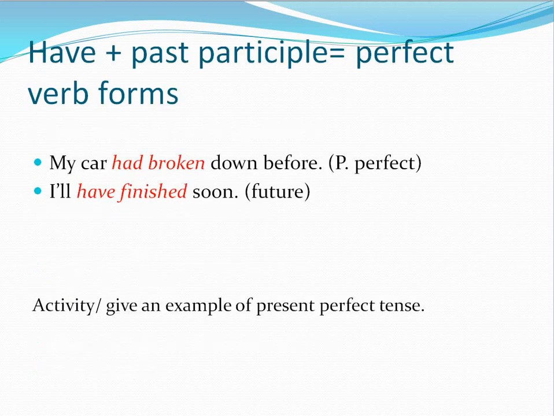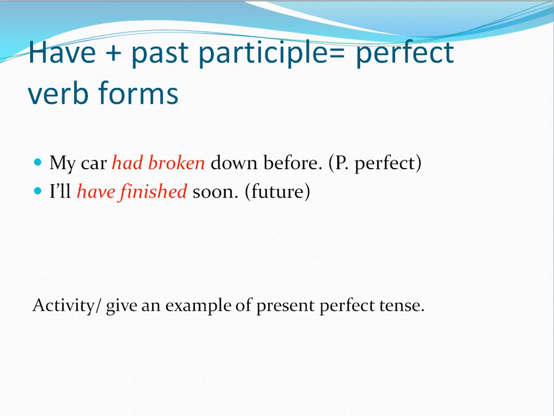Finally, we have have, has and had. This is the third type of auxiliary verbs. Have plus past participle or has plus past participle of the verb can be used to form perfect verb forms. For example, we have present perfect and past perfect.